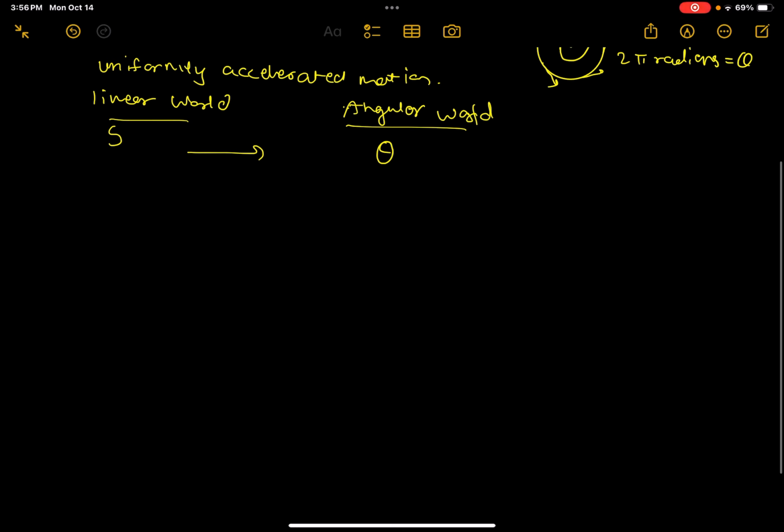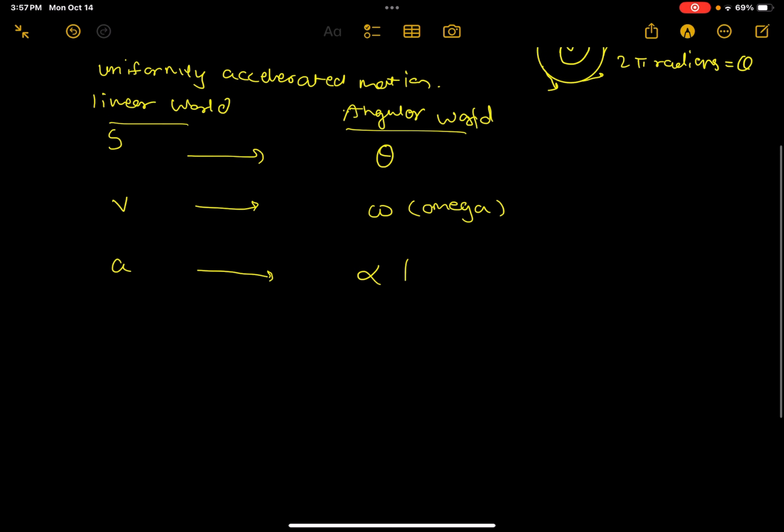And now velocity is known as omega, angular velocity. Acceleration in the angular world is known as alpha, which is equal to delta omega upon delta t. This is known as angular acceleration.